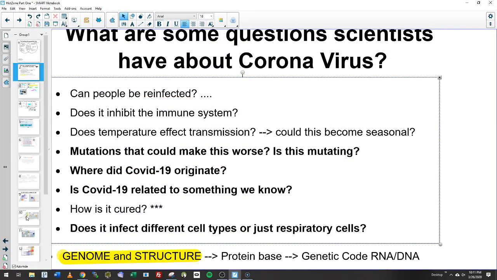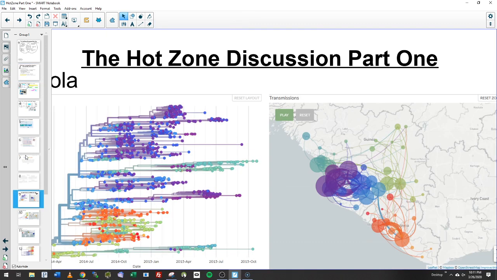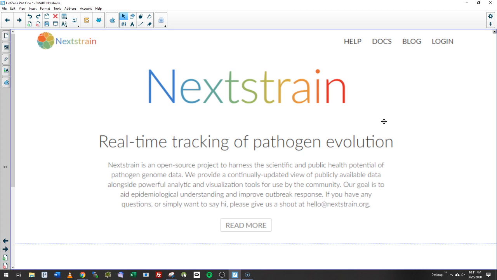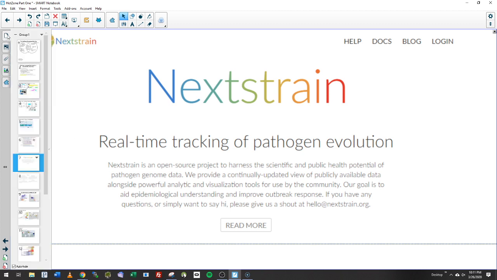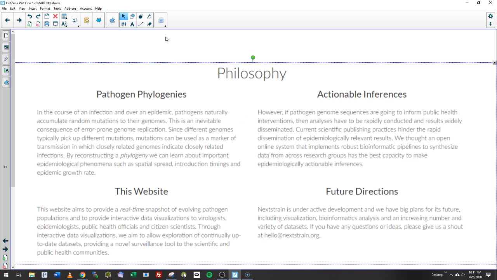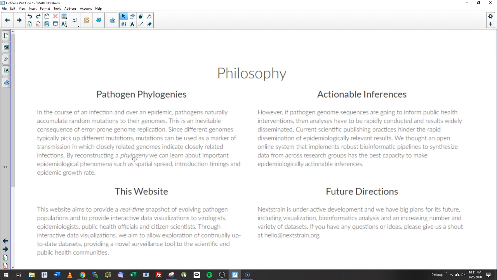relatedness. There's an organization out there called Nextstrain, nextstrain.org. And what I find extremely interesting about this, if you get a chance, this is kind of their philosophy, and I screenshotted this from their website. Basically, their philosophy is they are going to be blasting and Sanger sequencing samples that are coming in from people all over the world.